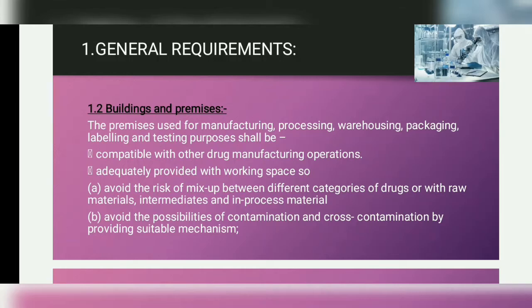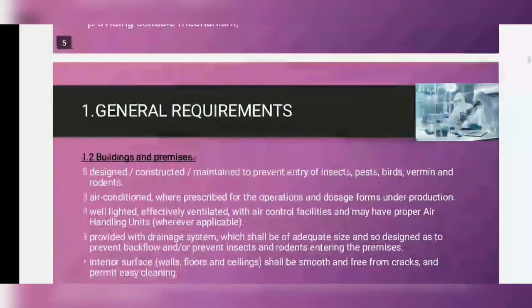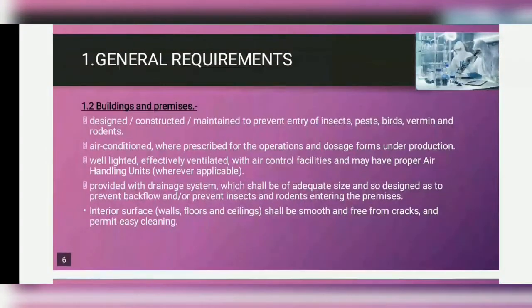Some other requirements of buildings and premises are that the building and premises must be designed, constructed and maintained to prevent entry of insects, pests, birds, vermin and rodents. It must be air conditioned where prescribed for the operations and dosage forms under production.